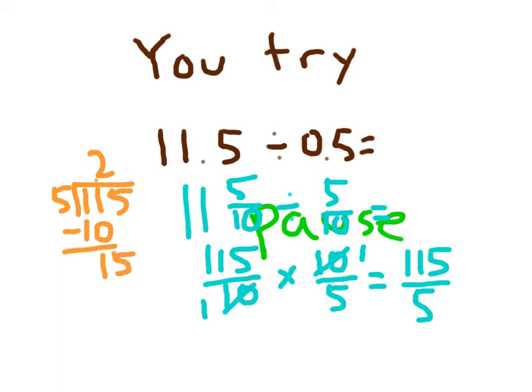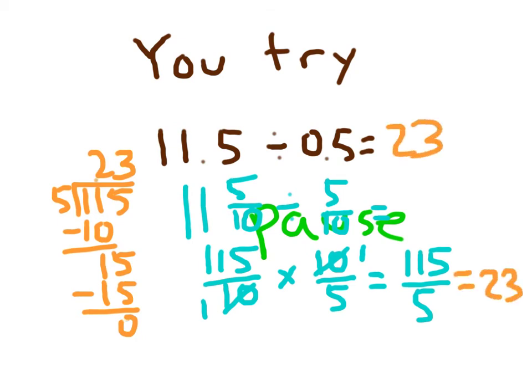Bring down the 5. And 15 divided by 5 is 3. 3 times 5 being 15. And 15 minus 15 is 0. 23 is our answer here. So we write that for our original equation as well. Read it with me. 11 and 5/10 divided by 5/10 equals 23.